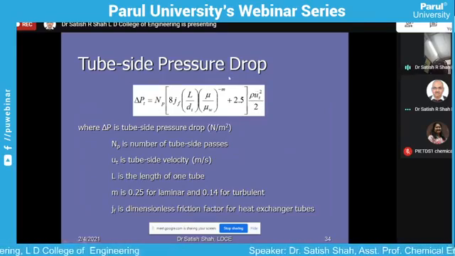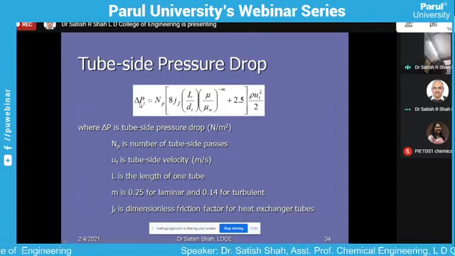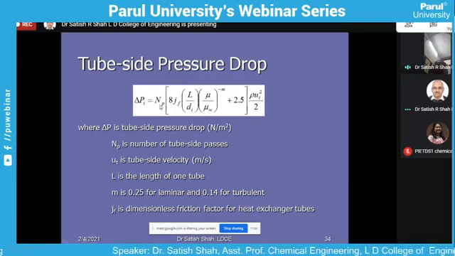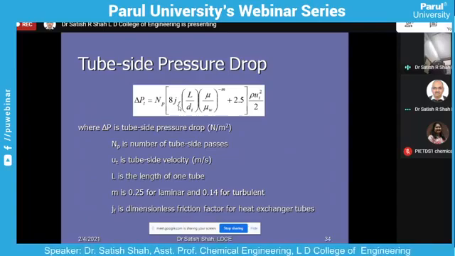I will explain all these terms immediately. What is delta PT? It is the tube side pressure drop in unit of Newton per meter square. What is NP? Number of tube side passes. What is JF? Similar to JH, I have a ready-made figure available for JF that I have to use, that I will show you after this.